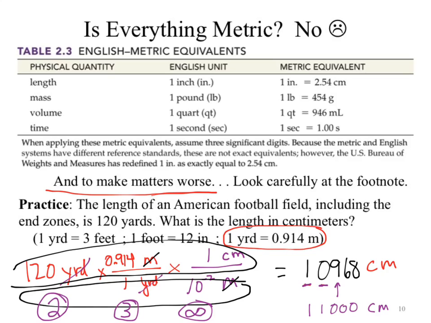It says assume 3 sig figs in your conversions. Okay, so this 1 yard is not 1 sig fig, but actually 3 sig figs. Why do we not draw it out as 1.00?